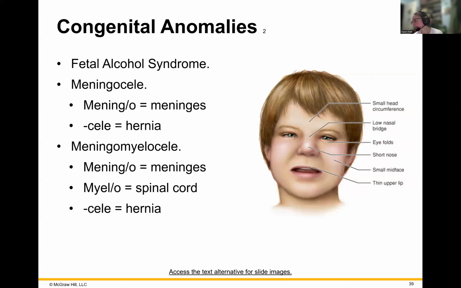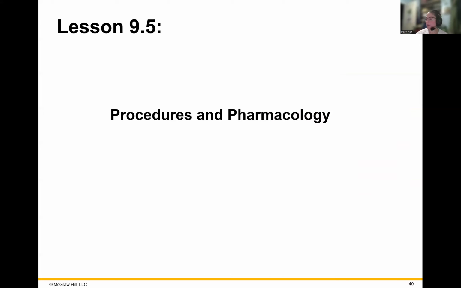I don't have any pictures of those, but there is a picture of a baby with spina bifida cystica in your book, and you can see the tumor-like formation on the back side of the baby's buttocks.